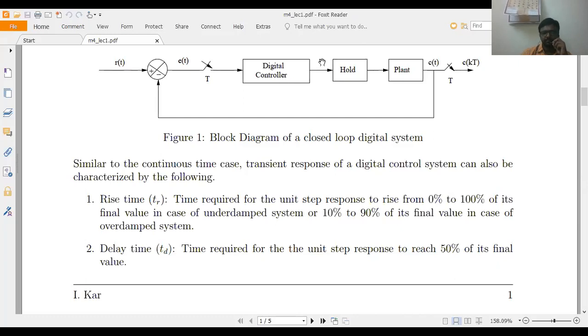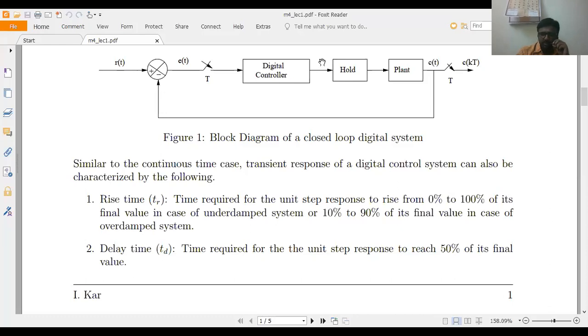Here T is the time and R is the rise time. So what is meant by the rise time? From now onwards, all the topics are very familiar to you.